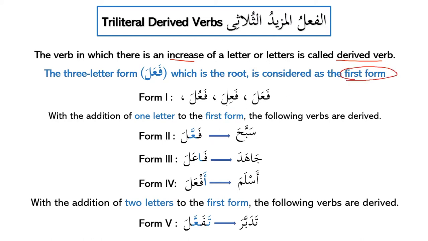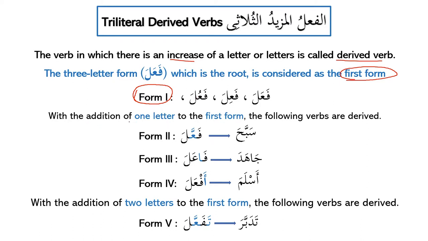So what is the first form? First form is fa'ala. That is the standard form or the regular form or the original form. So it can be fa'ala, as we have nasara. It can be fa'ila, as we have sami'a, and it can be fa'ula, as we have karuma. So ainul kalima can have fatha, or it can have kasra, or it can have dhamma.